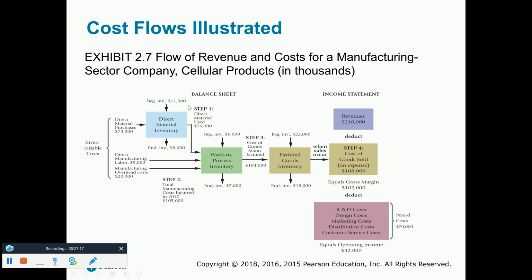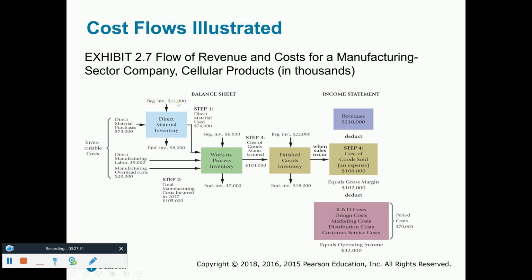So we are going to start with our first of 3 inventory accounts, and that is called direct materials. Now, we started the year with $11,000 in direct materials. We know that because our ending balance from the prior year in our direct material inventory account was $11,000. During the year, I purchased $73,000 more direct materials. And at the end of the year, I counted the inventory on the shelf, the direct materials. There was 8,000.